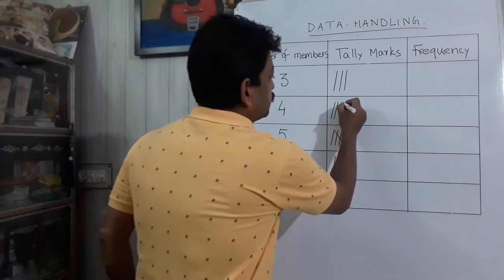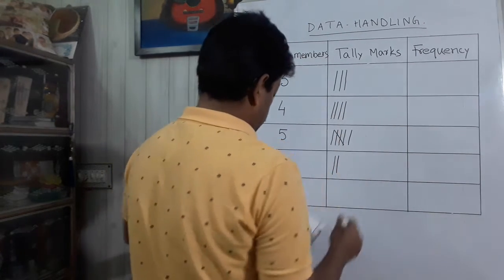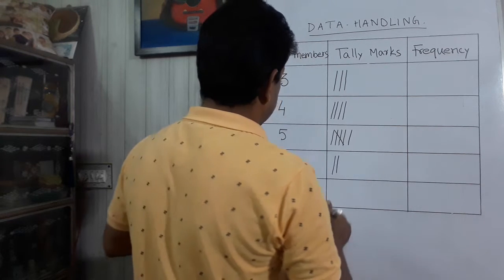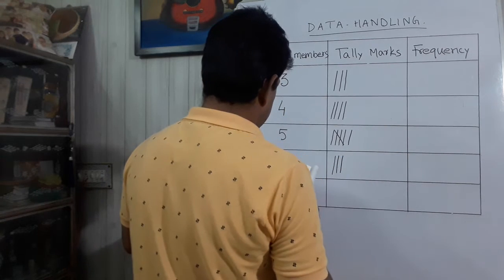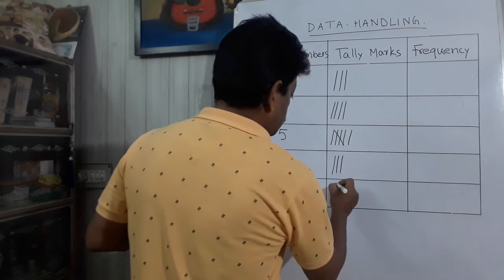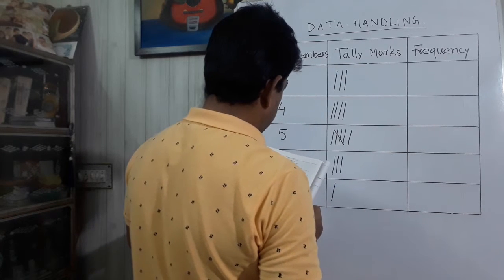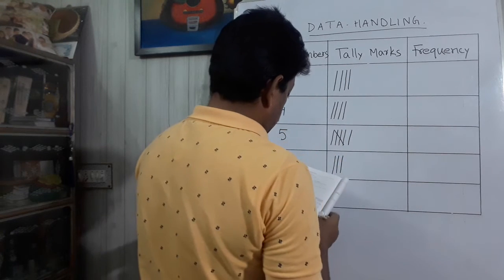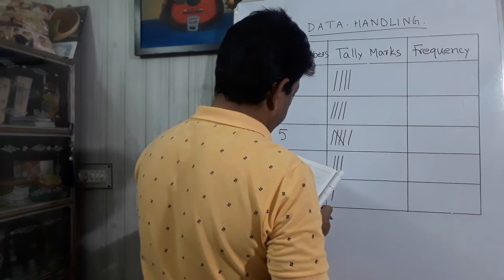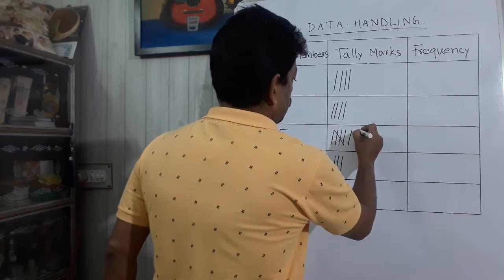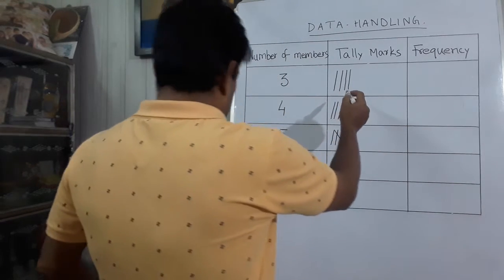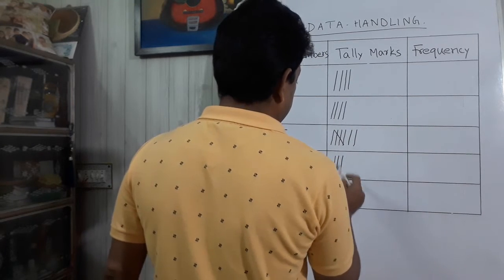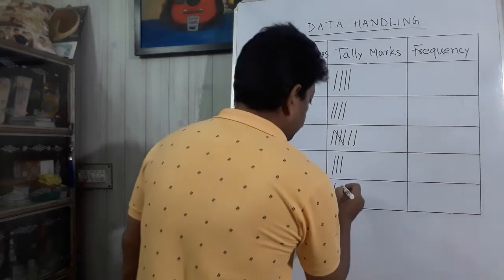Then 4 twice, once, twice, then 6, then 7, then 3, then 5, and then the last one is 7.